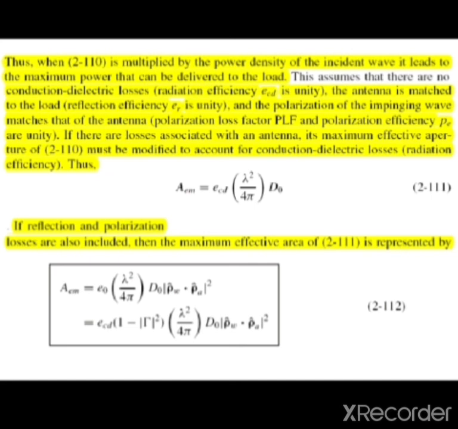So again you rewrite that equation, which is indicated by ECD into 1 minus gamma square into lambda square by 4 pi into d naught rho omega into rho a whole square. This is including the losses also.